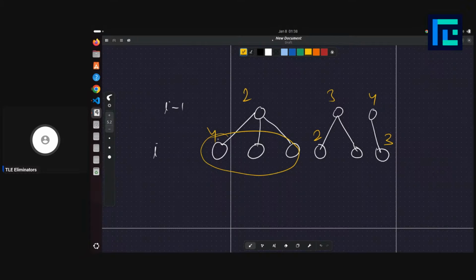I'm doing this because I want to use all the colors. If I don't want 2 here, I'll keep it somewhere else. And if I don't want 3 here, I'll keep it somewhere else, because I want to make sure that all of these are distinct, right? And also that I use the minimum number of different colors, so I can only use numbers between 0 and 5.